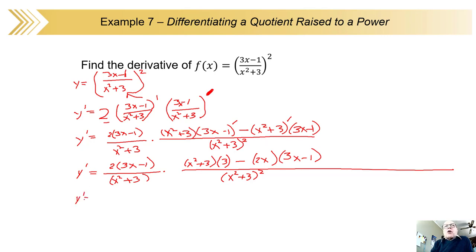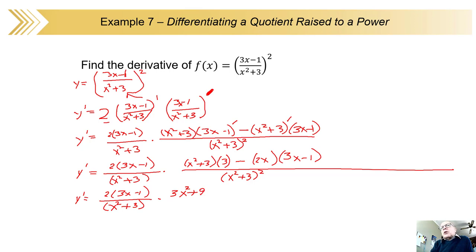See what we've got now. The derivative of the whole thing, and what do I have? We'll copy the first part again. We've still got our fingers crossed that this gets a little bit simpler. On the top, I'm going to be multiplying 3 times the x squared plus 3. So 3x squared plus 9.